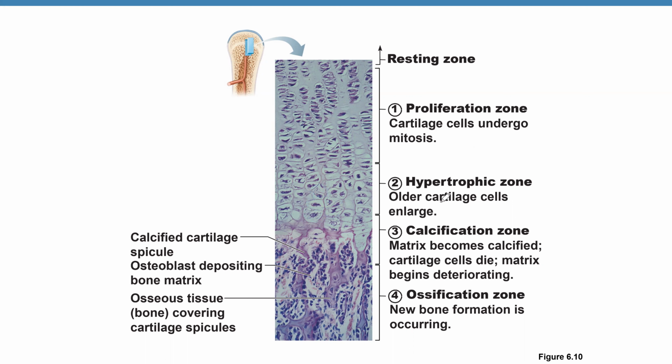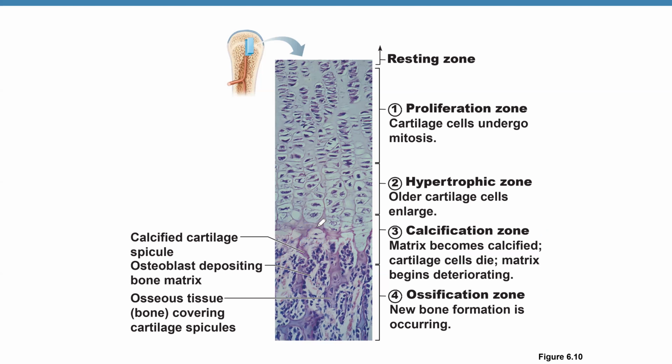When cartilage cells go through hypertrophy, remember they start secreting calcium. So next is our calcification zone. The matrix became calcified, and when the matrix became calcified, it became hard, right? So the hard matrix surrounds living cells.